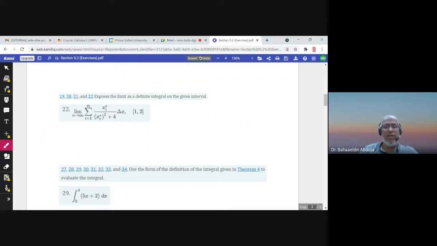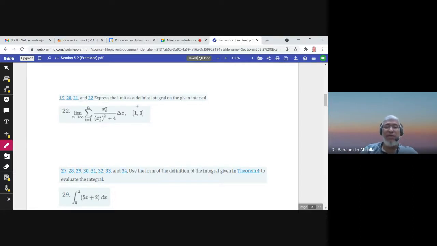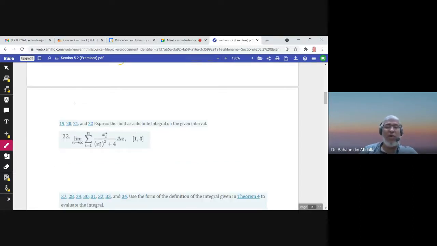The second example, question 22: express this limit as a definite integral. Well, we know the formula for the definite integral, the integral from a to b of f of x dx, is equal to the area, which is equal to the limit of the Riemann sum from i = 1 to infinity of f of x_i delta x.